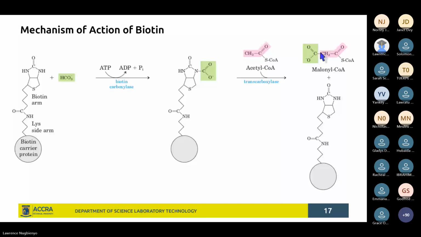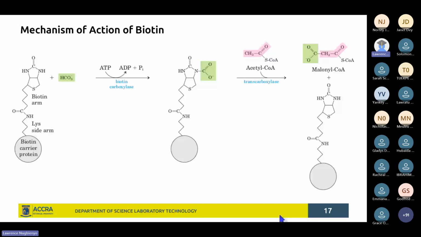where usually when you have an odd number of carbons in a fatty acid, and the fatty acids are being broken down by the process we refer to as beta oxidation, the very last fragment which is left, which is going to have an odd number of carbons, which is 3 carbons, will have some carboxylation onto it, before you then have 2 molecules of acetyl-CoA coming from it.